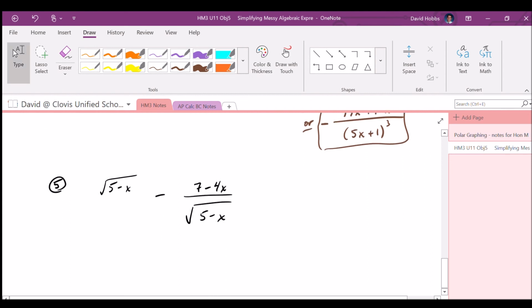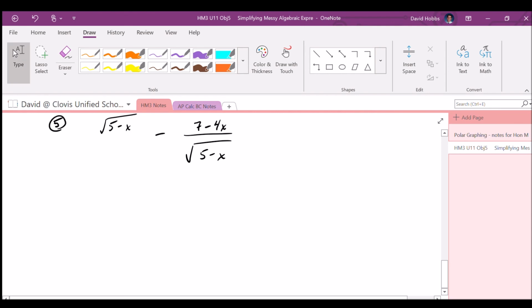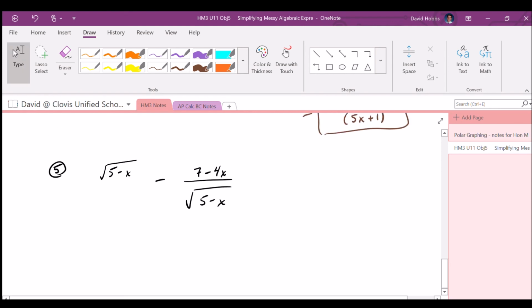Okay, one last problem. We've done some really messy ones, and this one's actually not that bad. It's just sometimes when I do the really messy ones, and then there's a few like this in the assignment, some students will think that they're really hard because I didn't show any examples like this, and so I figure I should probably show an example like this.